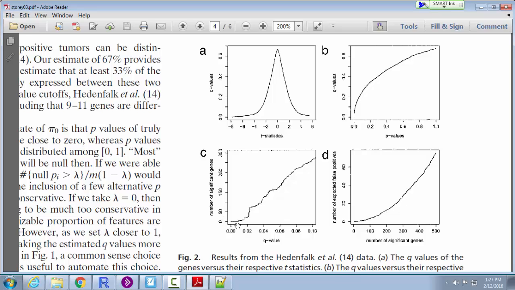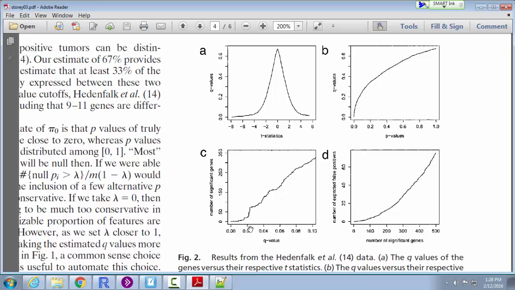So if you follow the trajectory, a Q value or an FDR threshold of 0.02 would get me about 30 features. If I increase that a little bit, I'm allowing for some more errors, but in this particular region, increasing a little bit gets me a lot of extra features.